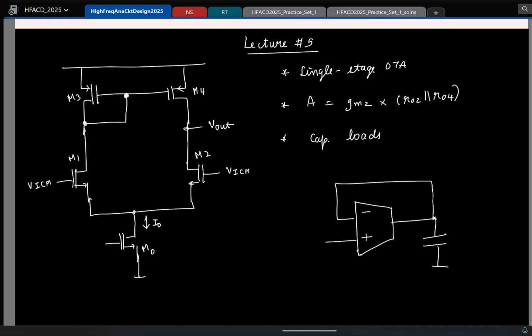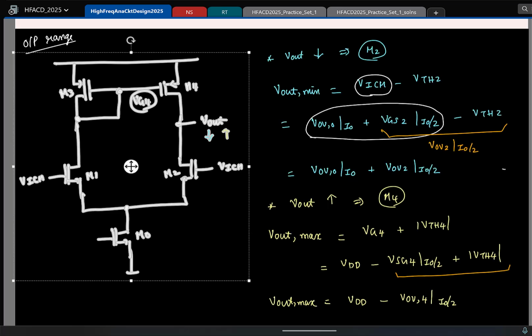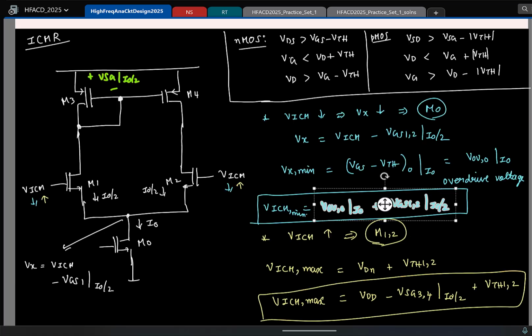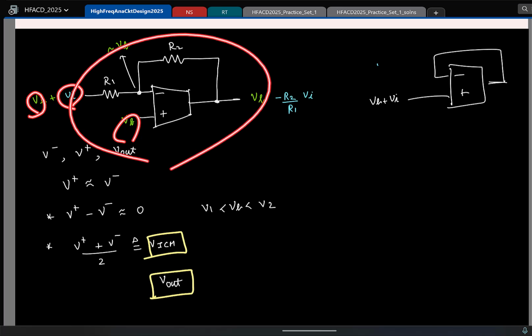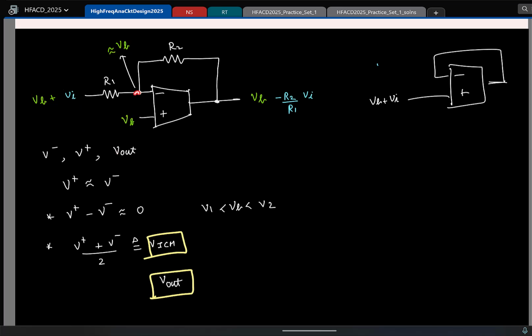And before that, we saw how we feed the inputs here. Along with the small signal VI, we obviously have to feed in a bias signal. And in the last class, we saw that instead of specifying the range for VB and VI, which will change depending on the negative feedback circuit that you are using, the practice is to mention the range for the inputs and the outputs of the op amp. In particular, we noticed that when we use negative feedback, the inverting and non-inverting terminals are at the same potential, so the differential part is 0.